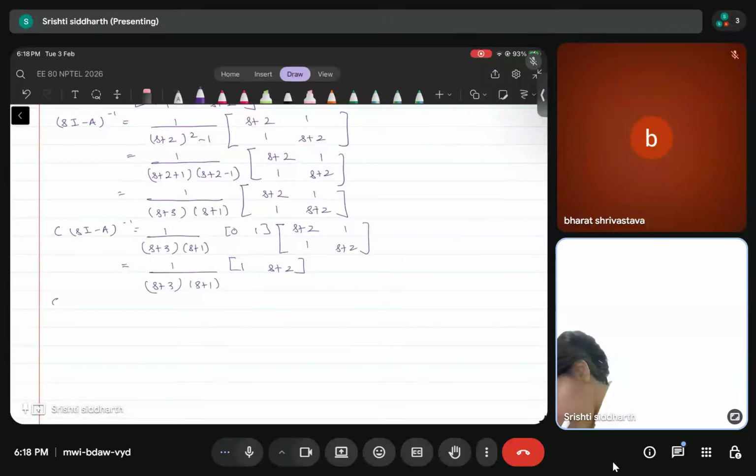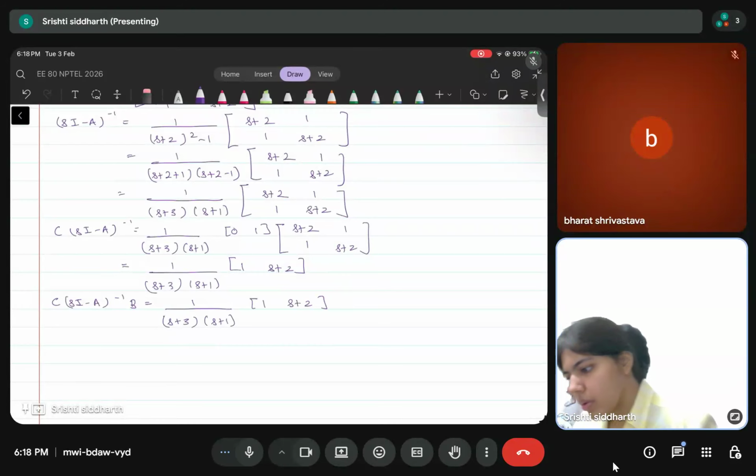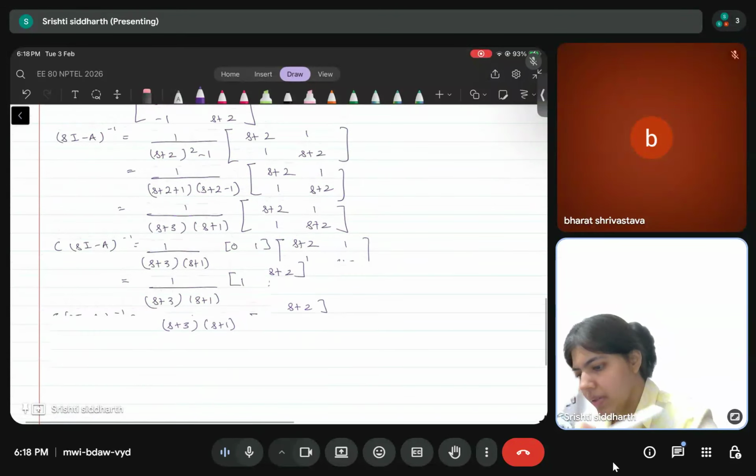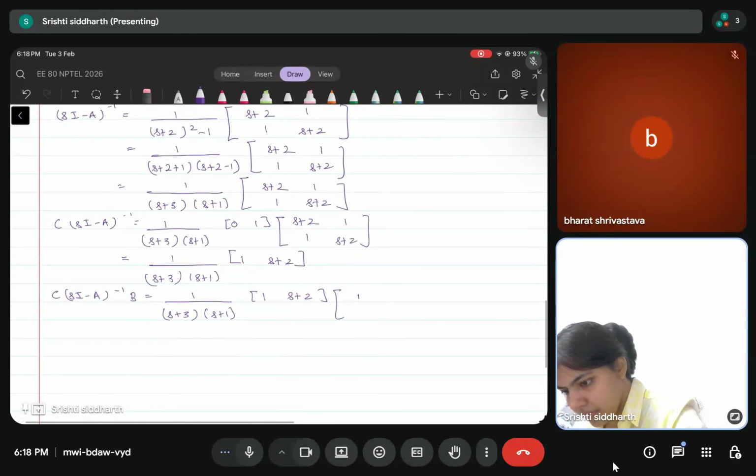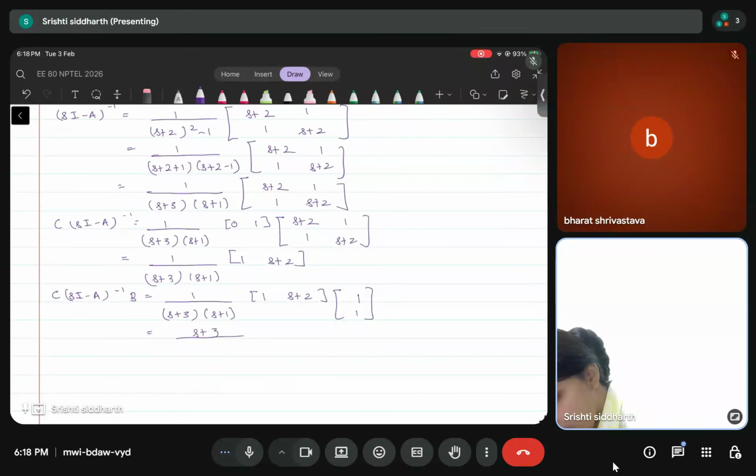So this is C times sI minus A inverse, [1, s plus 2], and B is [1, 1]. This is simply (s plus 3) over (s plus 3)(s plus 1).